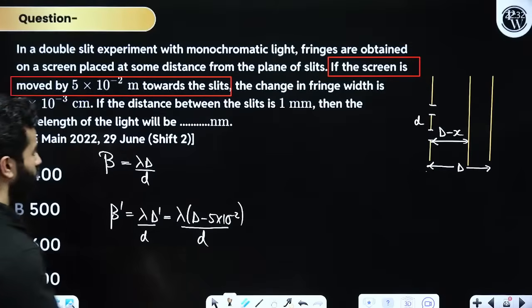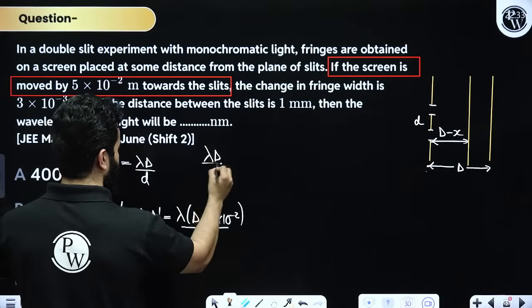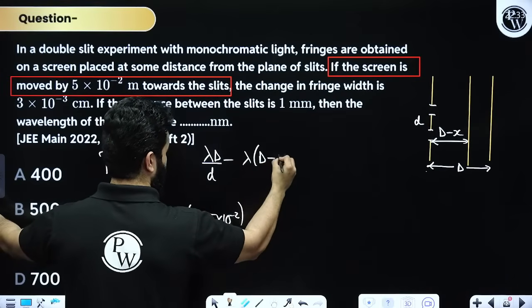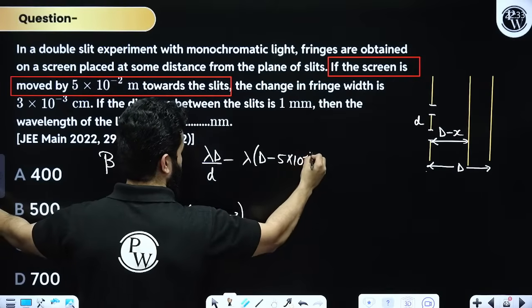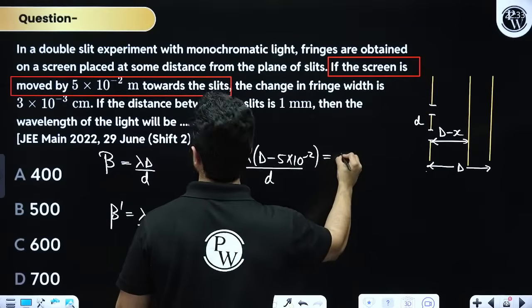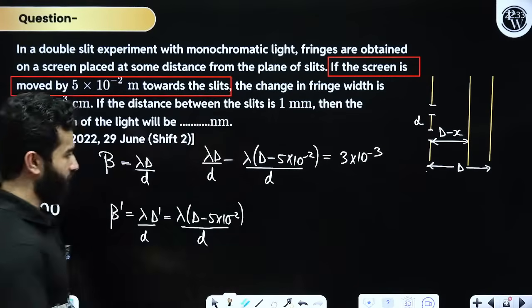No problem. So the change in fringe width, lambda D divided by d minus lambda (D minus 5 into 10 to the power minus 2) whole divided by d, is equal to 3 into 10 to the power minus 3. This is the answer. I mean, this is the equation.